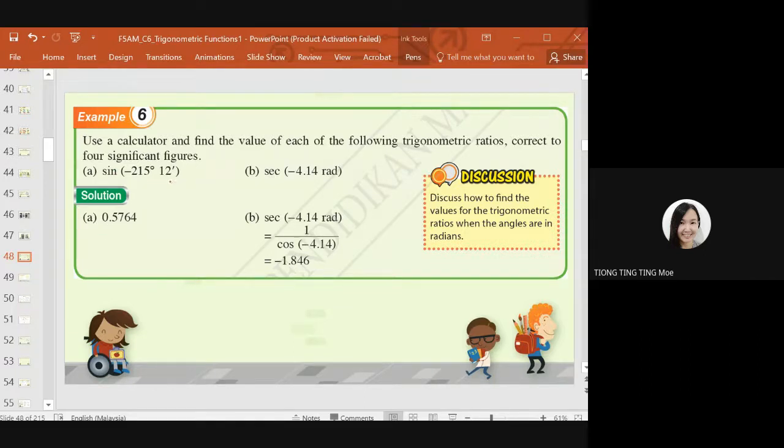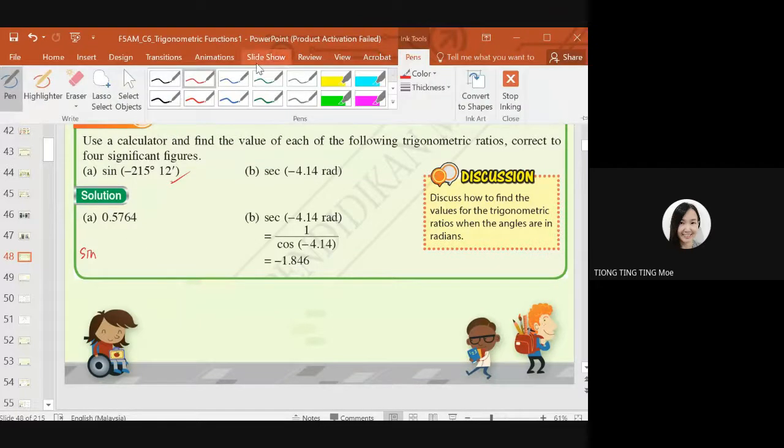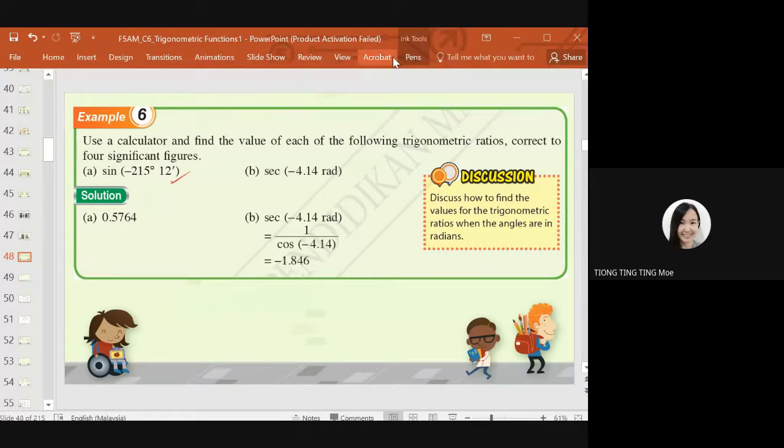For this one, sin. How are you going to press? You press sin bracket. Put the symbol negative. Press the symbol negative. 215. The symbol for angle. Then 12. Symbol again for the angle. Close your bracket. Equal. Then get the answer.